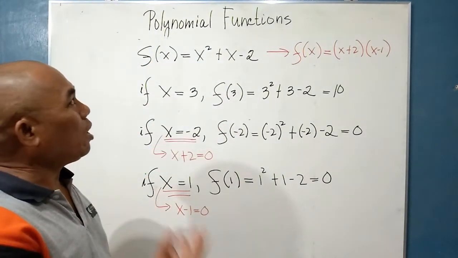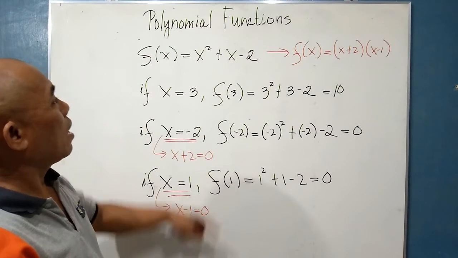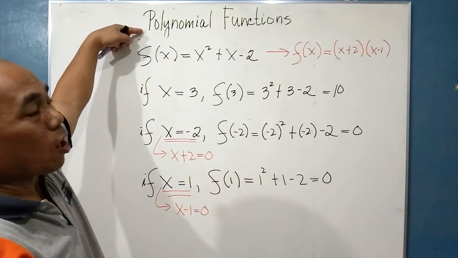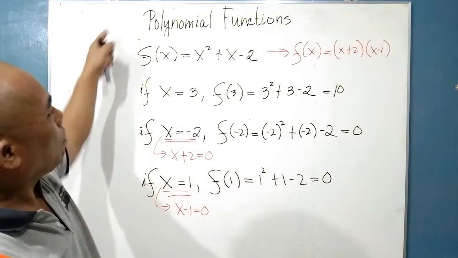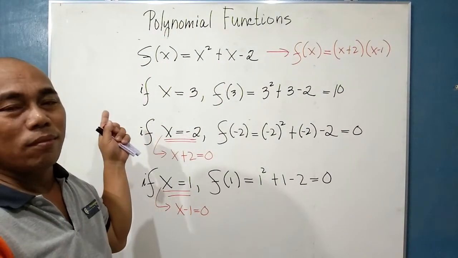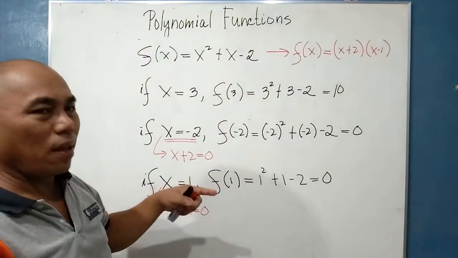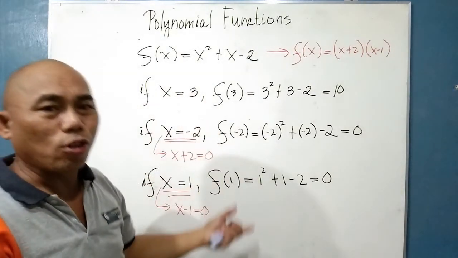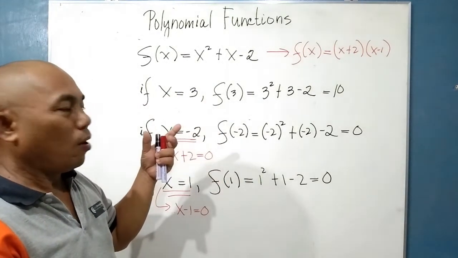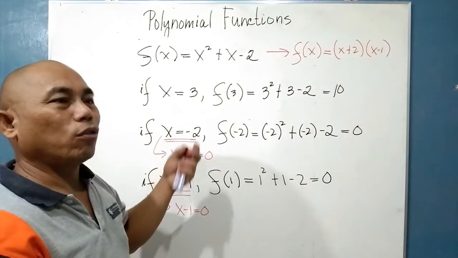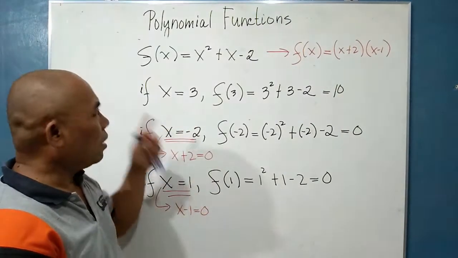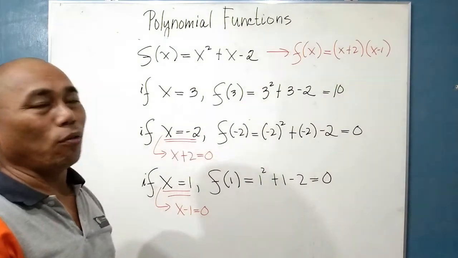We have to find the zeros of the polynomial function, and once we get the zeros of a polynomial function, we can also automatically get the factors of the polynomial.